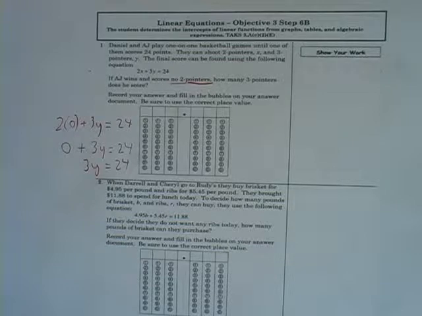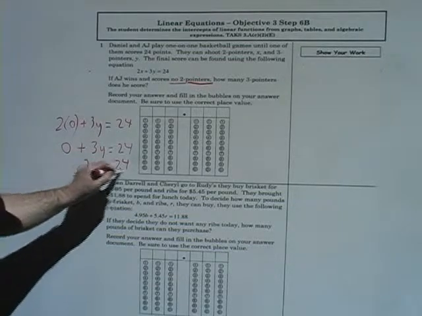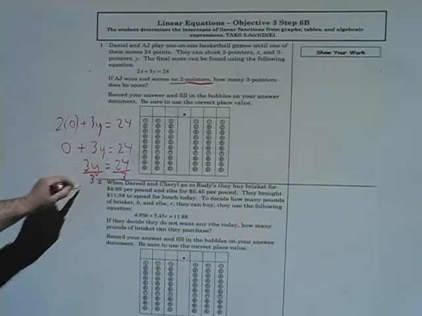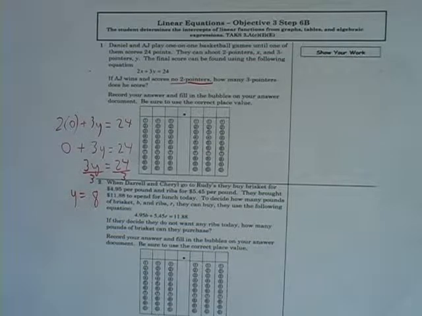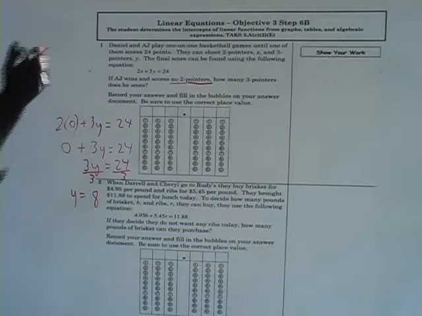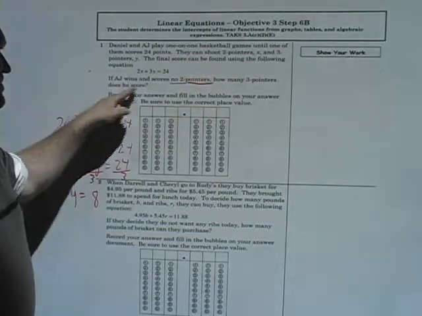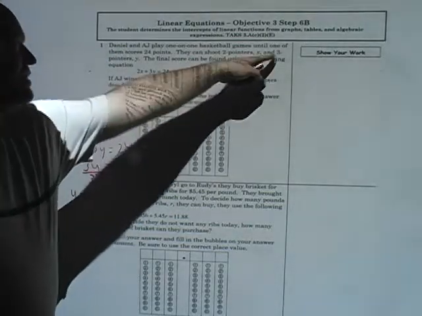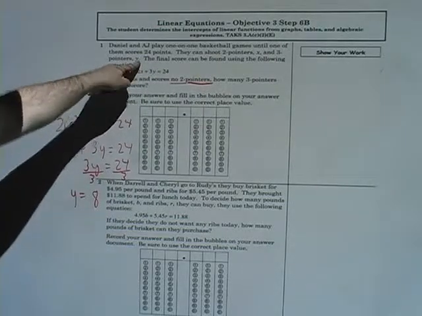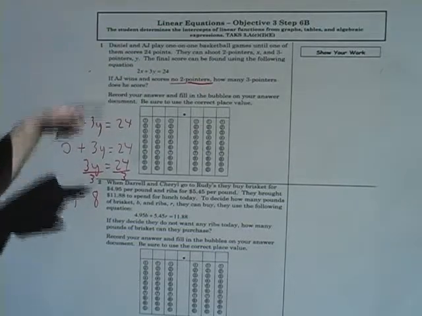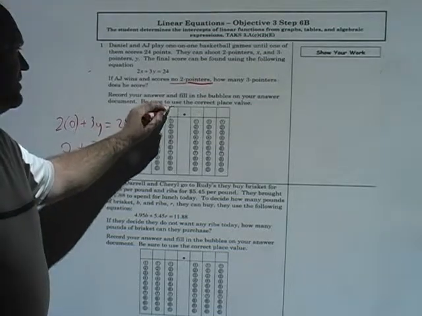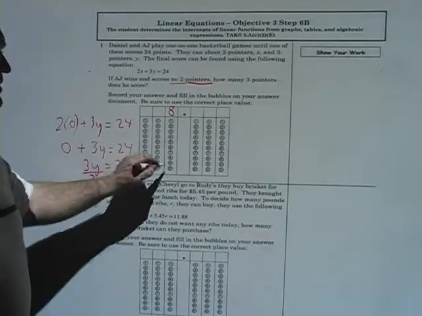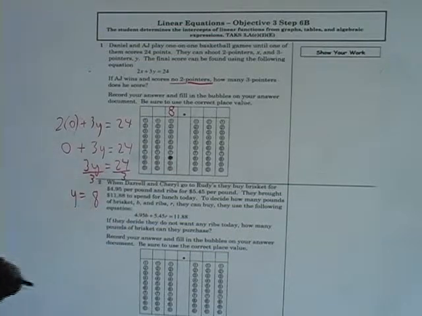So you solve that equation for y, divide by 3, and you get y equals 8. Okay, and it asks how many 3-pointers does he score. The number of 3-pointers is y, so that's what we solved for here. Y equals 8, and you need to bubble it in just like this.